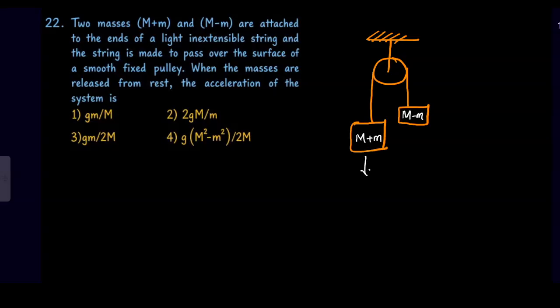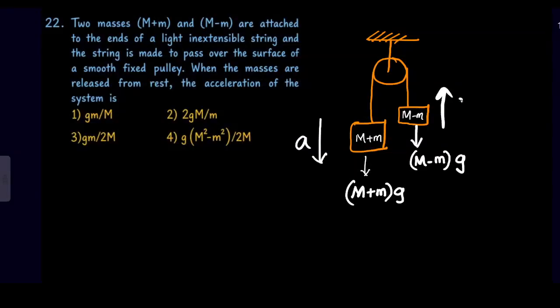Now here this block's mass is more, so this block will move down. This weight is how much now? M plus small m into g. And this weight is M minus small m into g. So this is the downward direction and this will move in the upward direction.